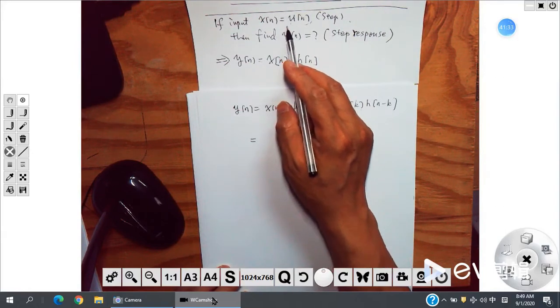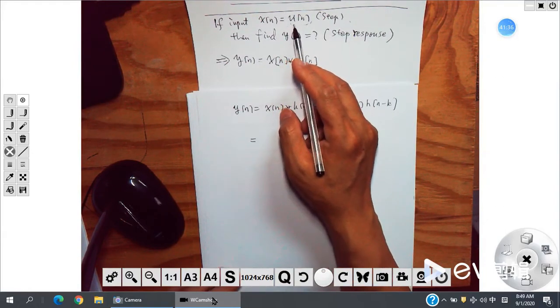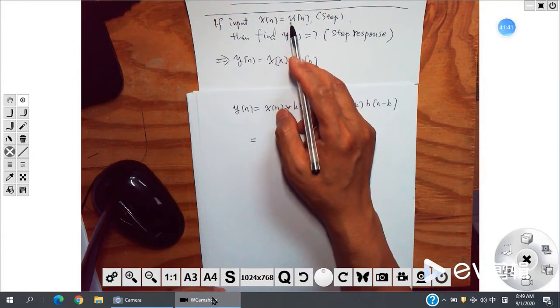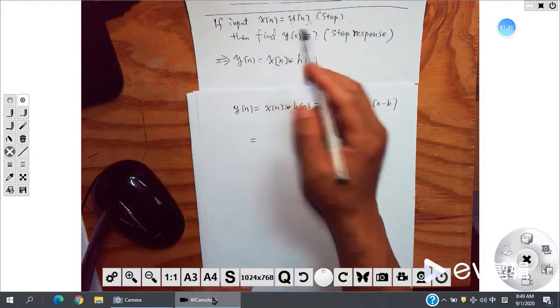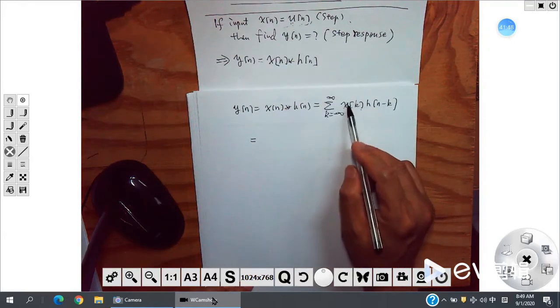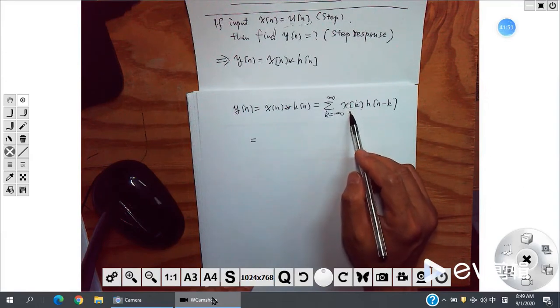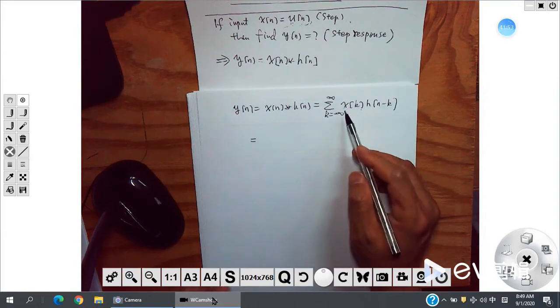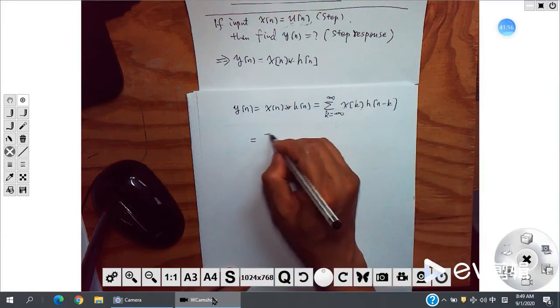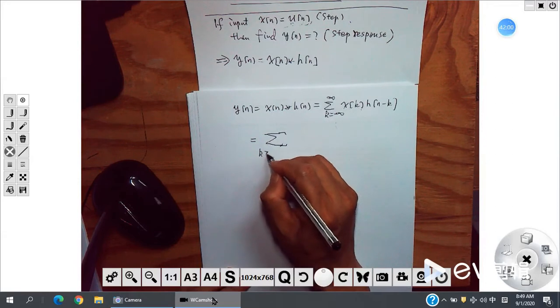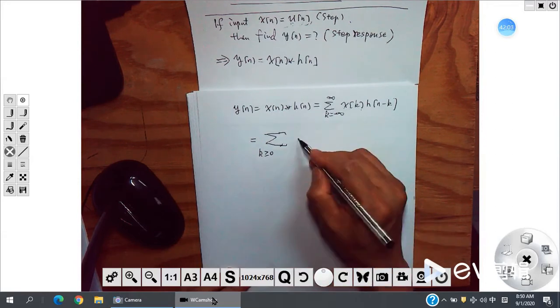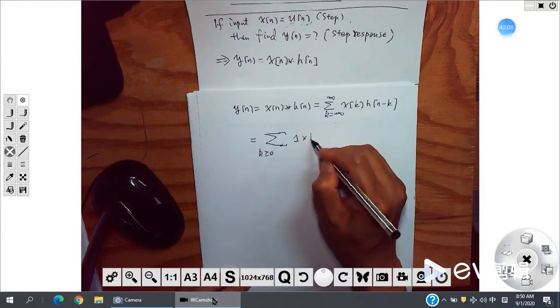The unit step has values 0 or 1. When n is negative, it is 0. When n is positive or 0, it is 1. So x is either 0 or 1. Now for the summation, we only need the terms where it is 1, so it's the summation for k positive or 0, where x is 1. So it's 1 times h of n minus k.